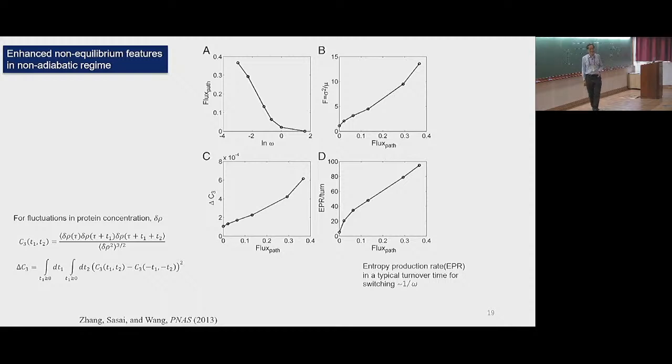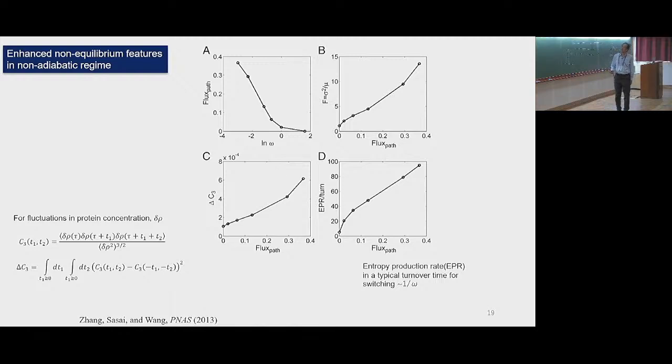It would not be experimentally measurable because the gene expression system is so complex, not like an in vitro system. But in a theoretical way, we can define how far the system is from the equilibrium detailed balance situation, measured by this sigma.